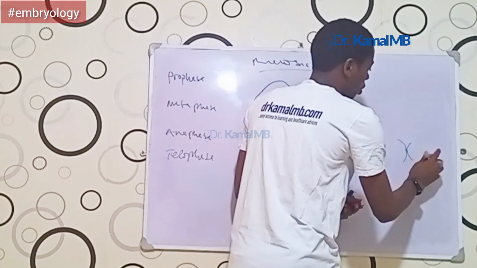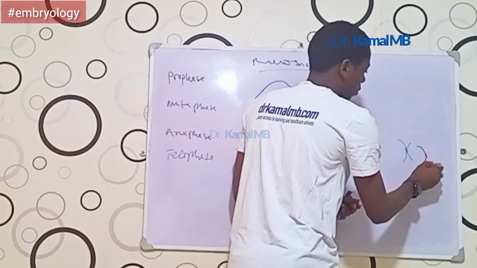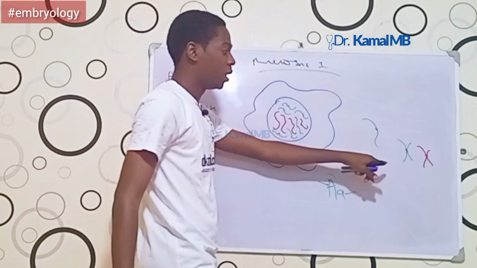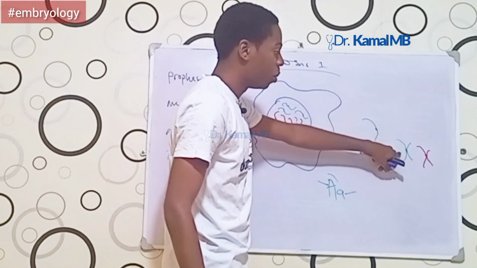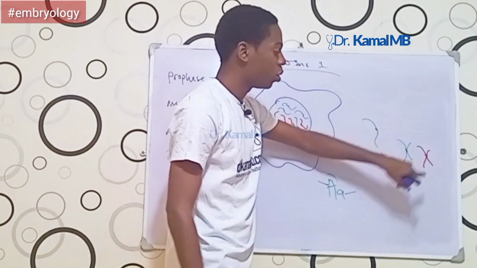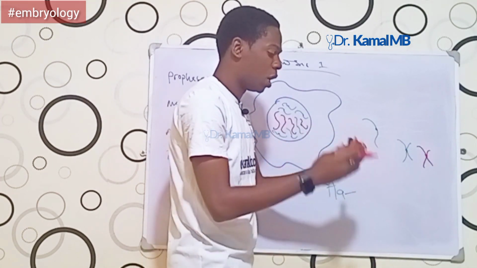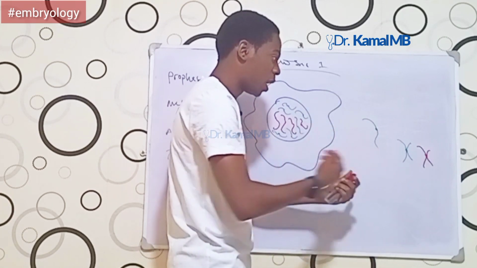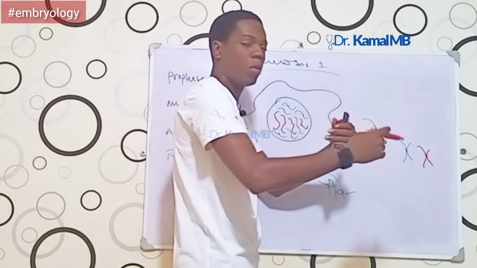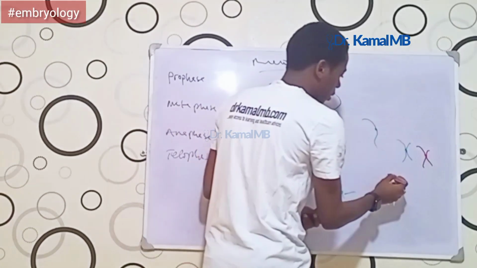This one is carrying the information for head structure. This one is also carrying information for head structure, but one is dominant, one is recessive. So now, since they are homologous, they are carrying the same thing, they will hug one another like this.